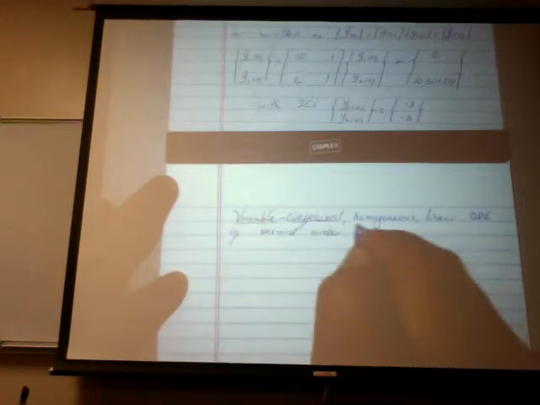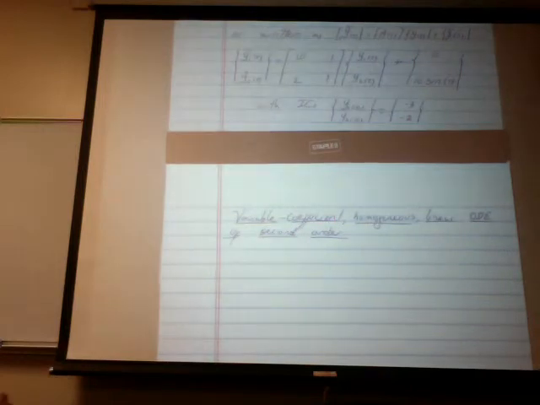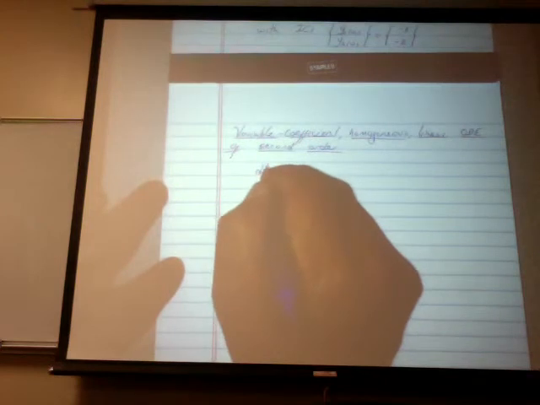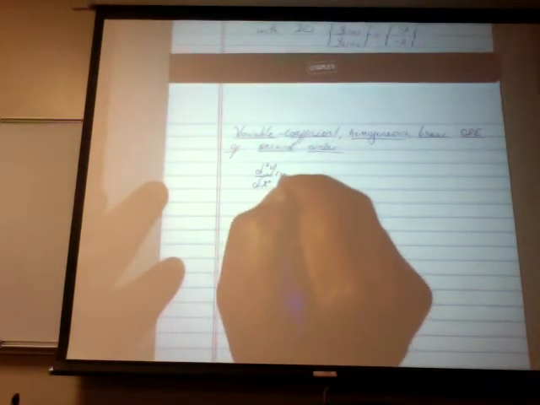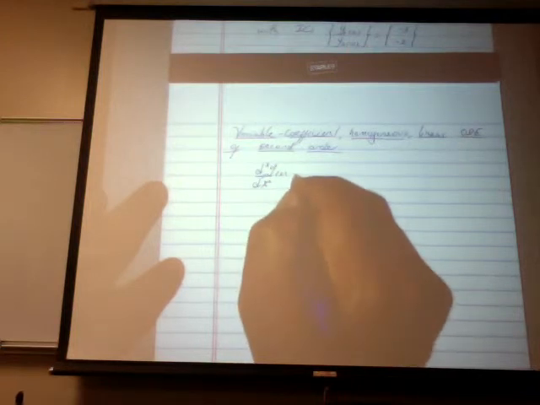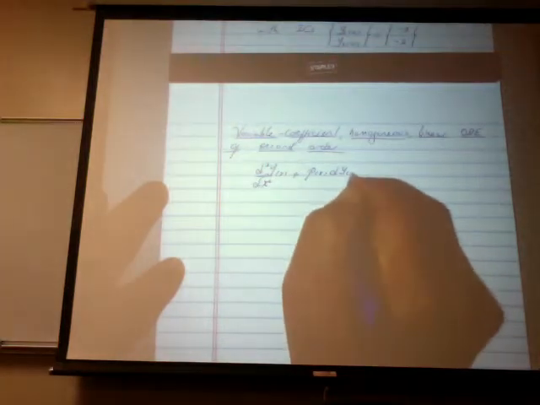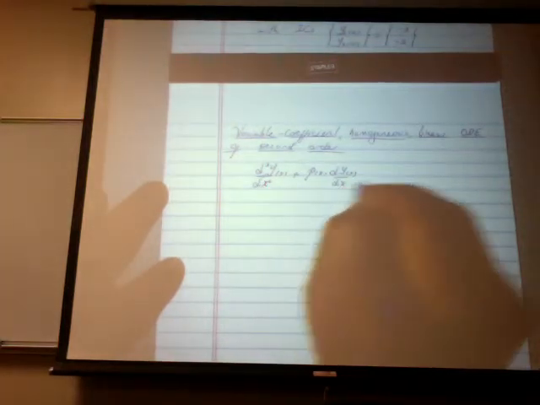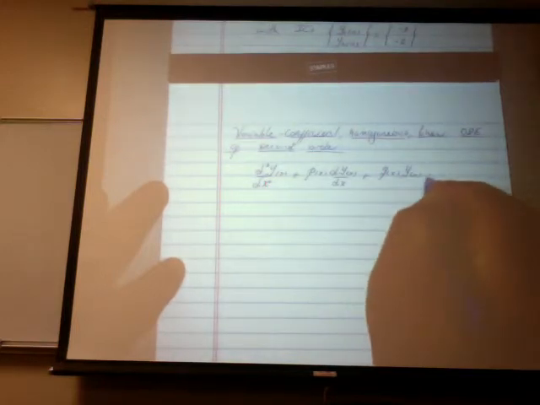We're still talking about second order. So we can write this as d squared y over dx squared plus p of x dy of x over dx plus q of x times y of x is equal to 0.